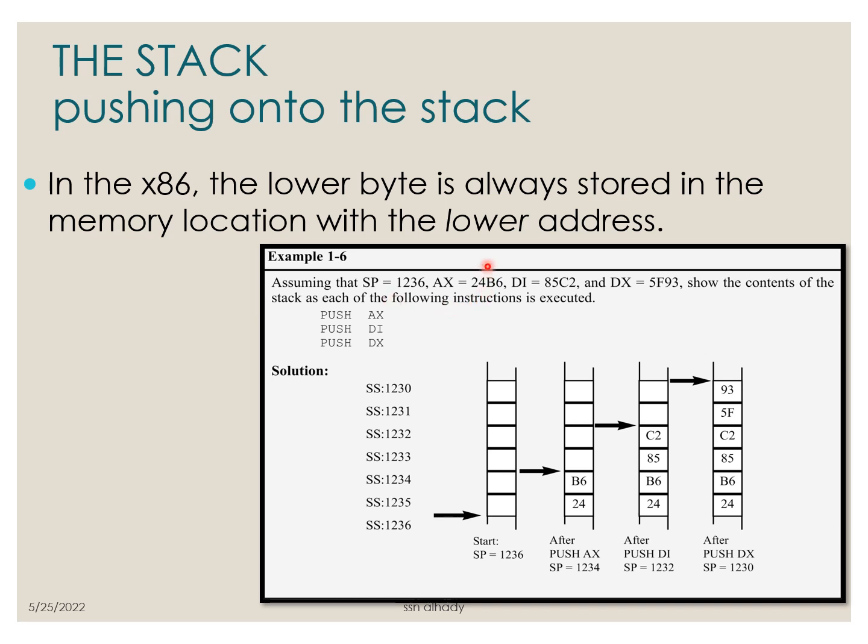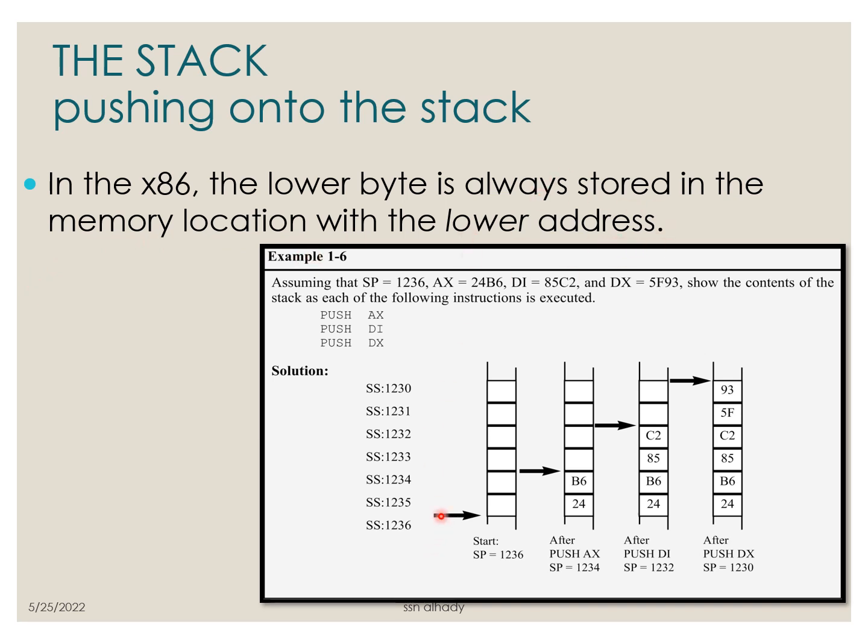And then the higher byte, 24, is going to be at the higher location, 1235. So the lower byte is always stored in the memory location with the lower address.